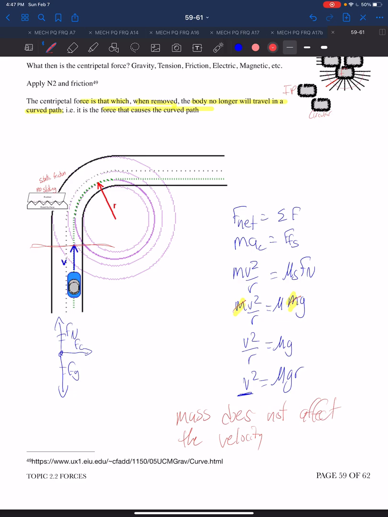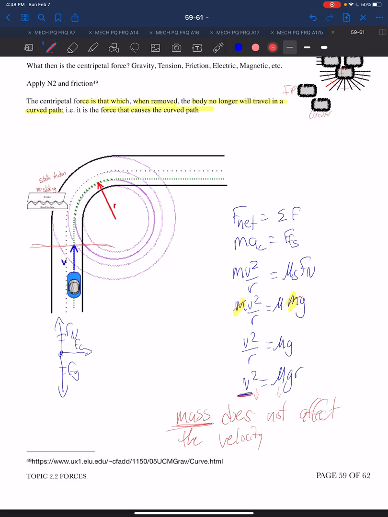So velocity is important when we're driving and going around turns. The mass, though, has no effect on the velocity at which we can go around a turn. If we increase the radius, that will allow us to go faster. And the opposite is also true. But by reducing the friction, we have to also reduce our speed.